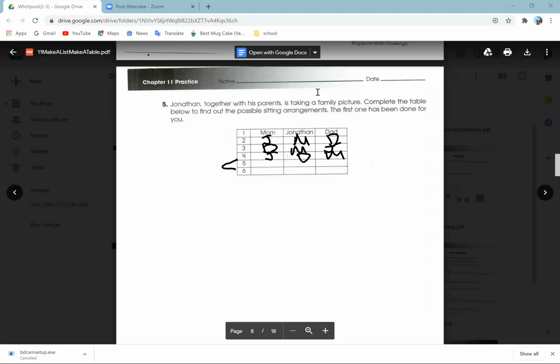Which one do you think these two could be? So what I'm gonna do is dad, mom, right? So what is the last one? I don't think we have dad, Jonathan, mother.